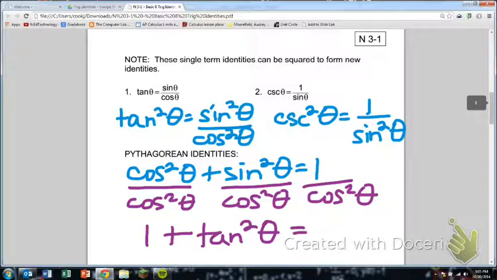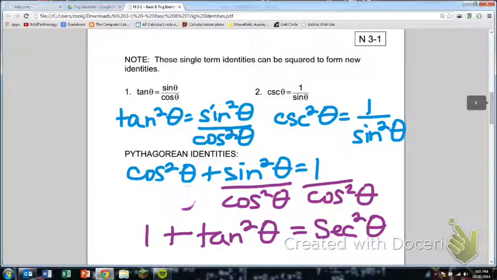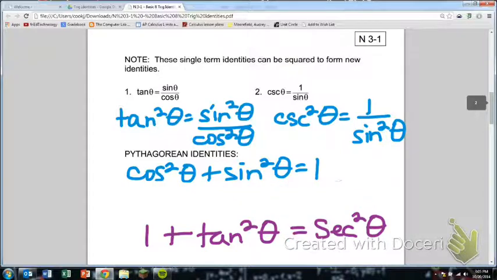And 1 over cosine is secant, so 1 over cosine squared is secant squared. So if we divide everything in the first Pythagorean identity by cosine squared, we'll get this. 1 plus tangent squared equals secant squared. That's another identity.